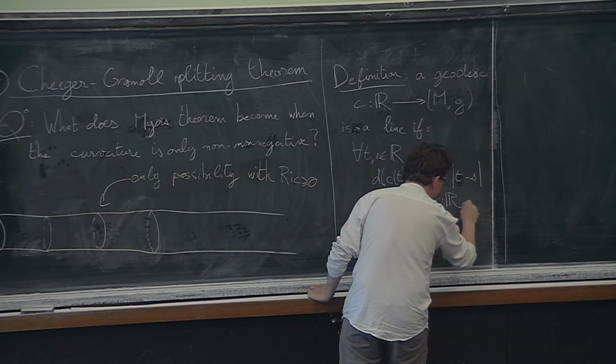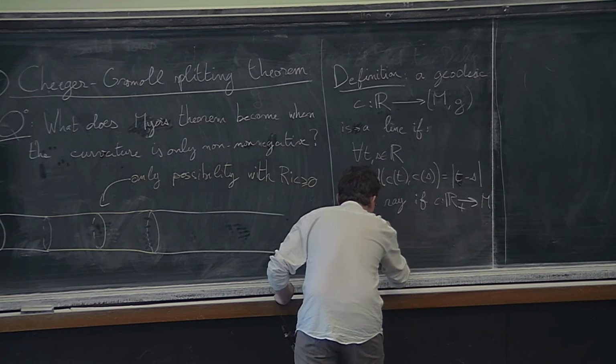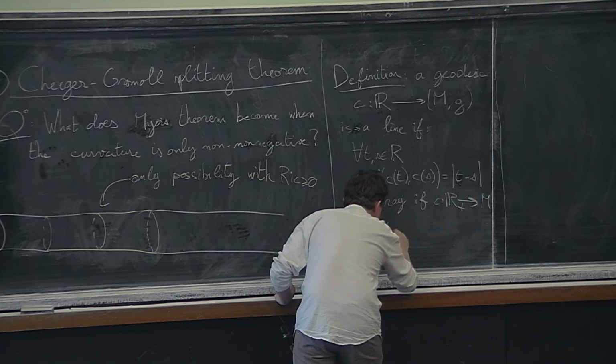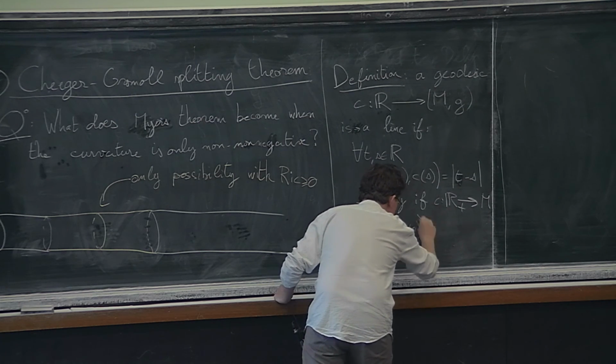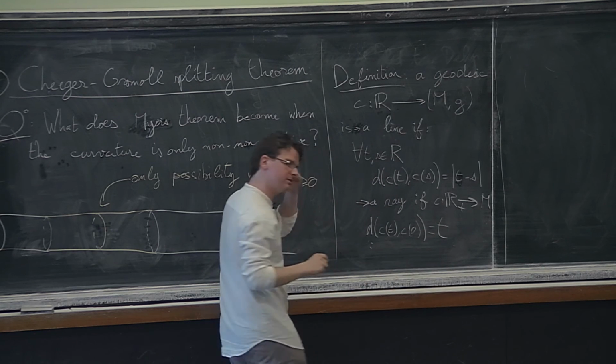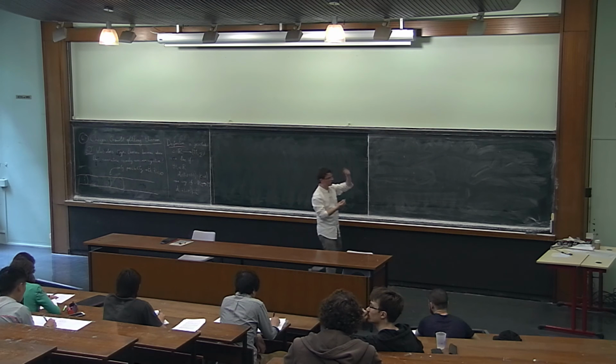It's the same thing, but it goes from R plus to M, and the distance from c(t) to, actually here c(0) is enough, is equal to t. So that's something going to infinity.